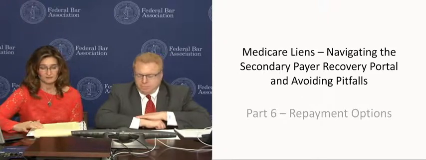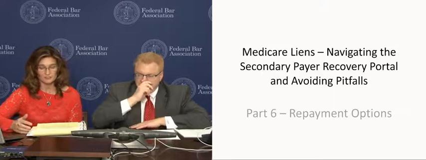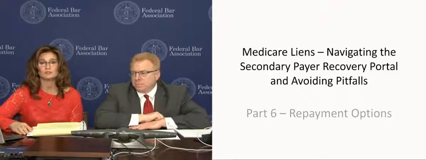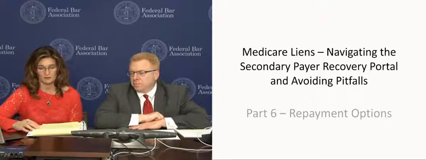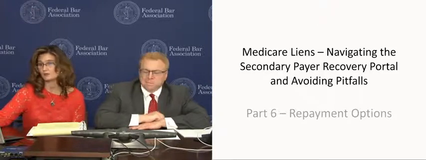But you've got a low offer on your case. It might be a good offer, and you might want to be in a position to counsel your client about it. How can you really predict what you're going to have to repay the Medicare program?